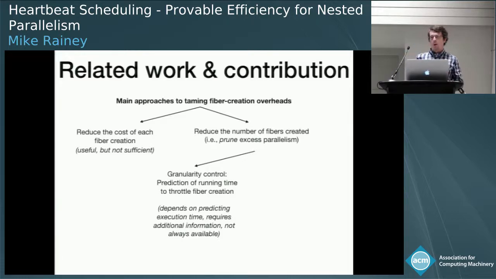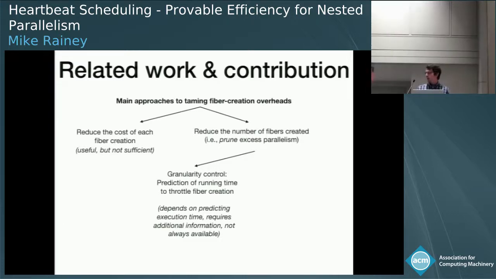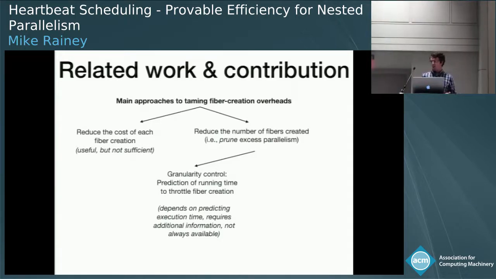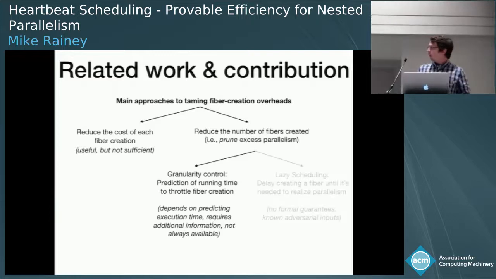This approach works sometimes, but it's challenging because it requires annotations in the source code, tuning in order to do good prediction, and also it applies only to certain classes of fork-join programs.